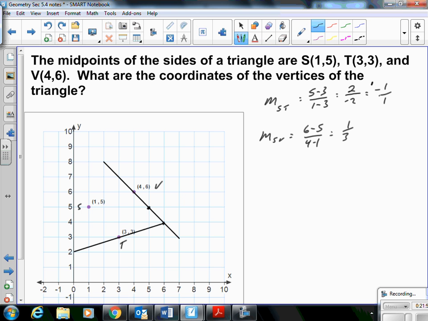And then one more slope, probably not done yet, VT. So it's going to be 6 minus 3 over 4 minus 3, or a slope of 3 over 1. So from S, we're going to go up 3, 1, 2, 3, and over 1. Put us right there.